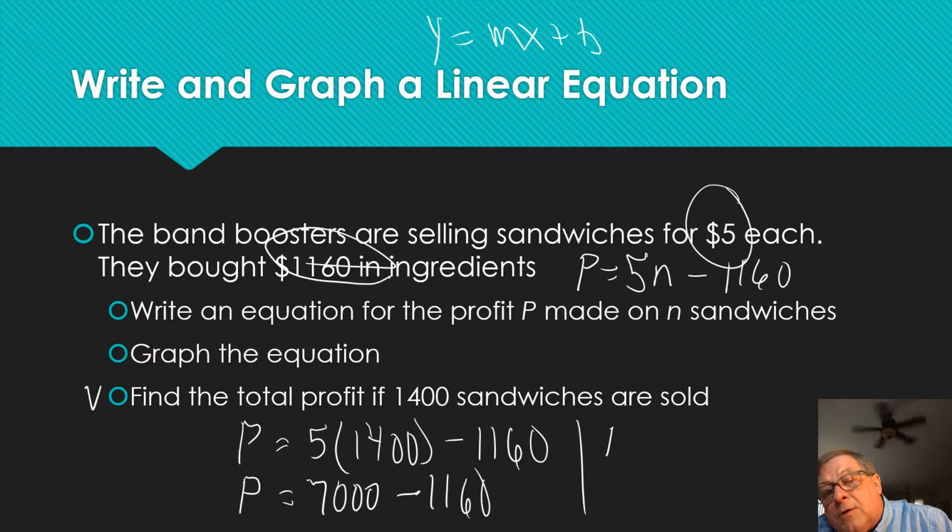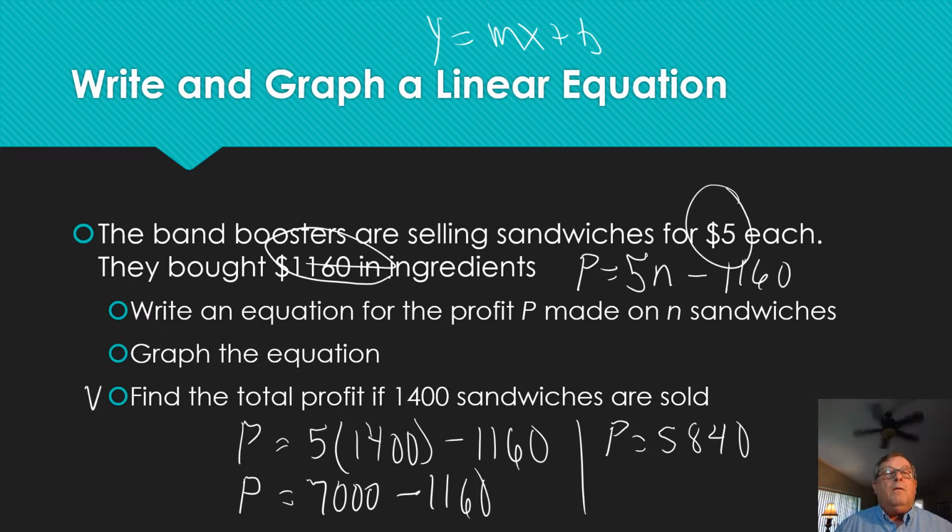So my profit is going to be 5,840. Okay. Well, let's jump over to the calculator. Like I say, there's a couple of things that I want to show you that you can do with your calculator, and particularly on a graph like this, which is going to be quite large.